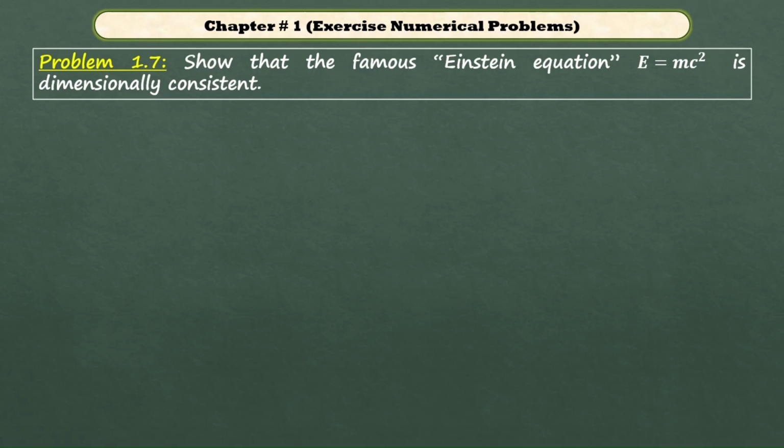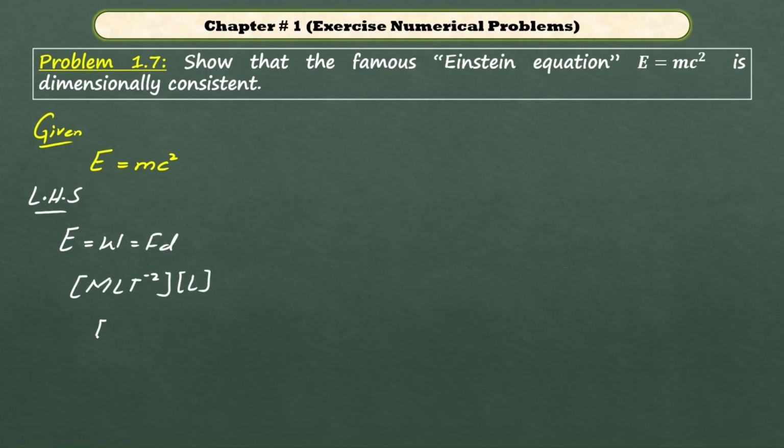Numerical number 1.7, show that the famous Einstein equation E is equal to mc square is dimensionally consistent. Given E is equal to mc square, we have to find the dimension of energy as W is equal to Fd. By putting the dimension of force and displacement, it becomes equal to ML square t minus 2.